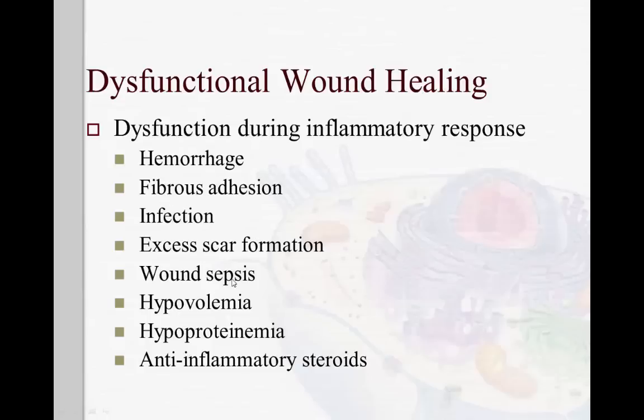There is an excess of scar. There is sepsis, low volume, hypovolemia, or hypoproteinemia, so malnutrition. Diabetes is another factor. Prolonged use of anti-inflammatory steroids is another factor. And in malnutrition there could be deficiency of iron, copper, calcium, for example, zinc.